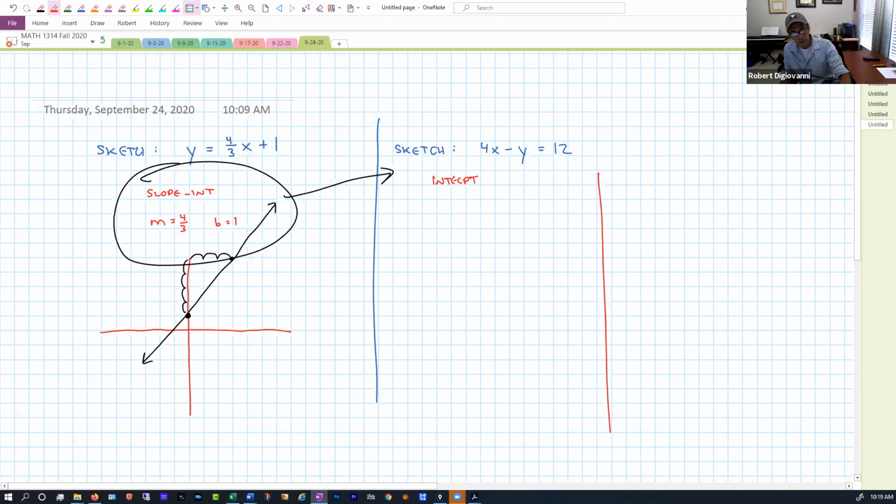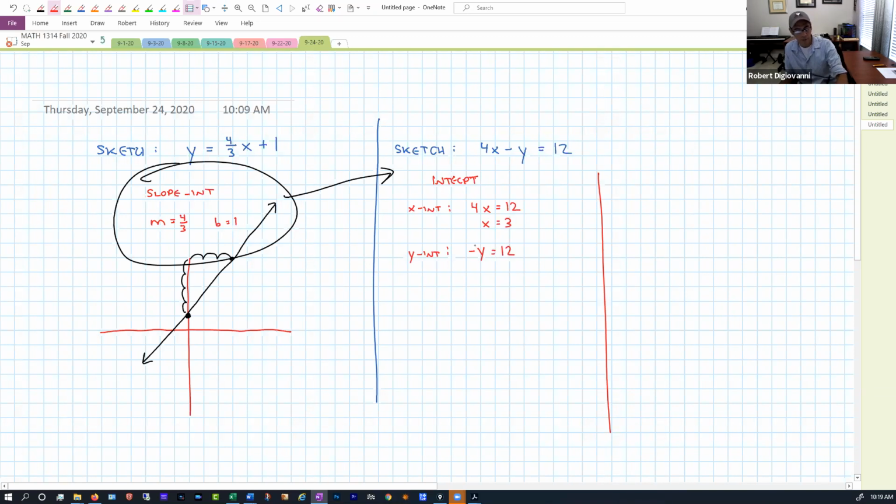Only 10 of you did it this way. Okay, so if I do the intercept method, I find the x-intercept first, which means I set y to 0. If I set y to 0, the y goes away. I get 4x equals 12. I divide both sides by 4 and get 3. If I find the y-intercept, I set x to 0, which leaves me with negative y equals 12.